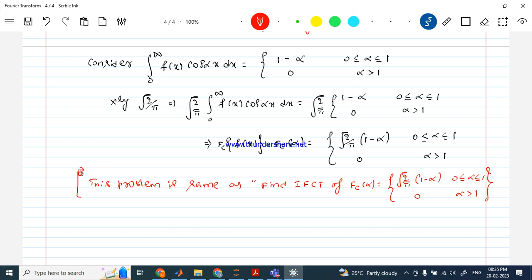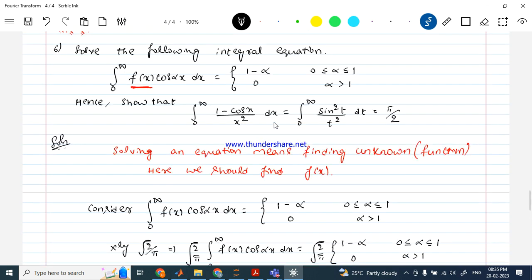So there is no difference between these two problems. They have given the same problem. Instead of asking you to find the inverse Fourier cosine transformation of this function by giving fc of alpha, they have asked you to find f of x from this.